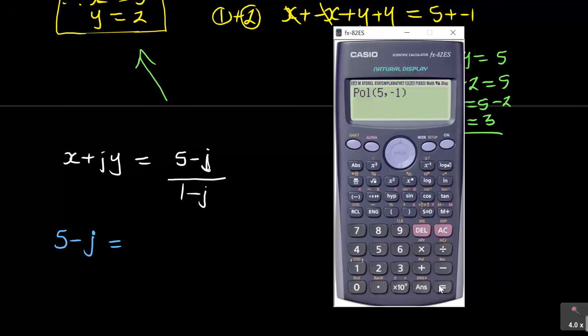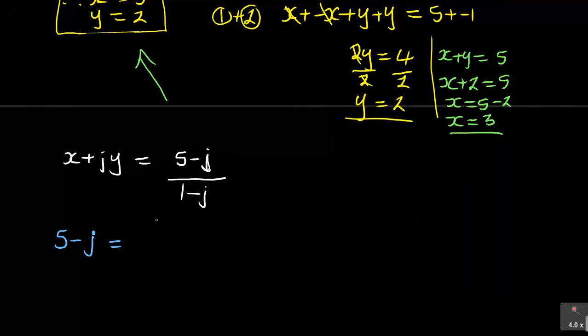And then when I do that, what I have is r is equal to 5.099 to 3 decimal places, and then theta is minus 11.3099. So if I convert these to 3 decimal places, I've got roughly 5.099 and minus 11.310.